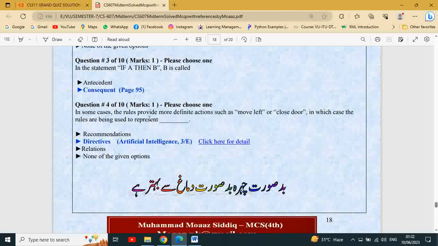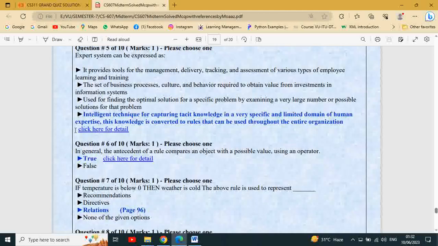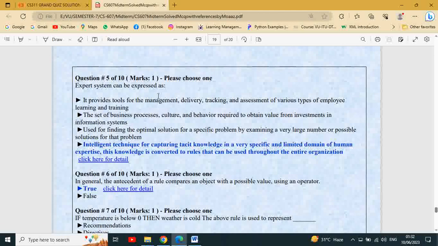In some cases, the rules provide more definite actions such as move left, close door, in which case rules are being used to represent directives. An expert system can be expressed as an intelligence technique for capturing tacit knowledge in a very specific and limited domain of human expertise.